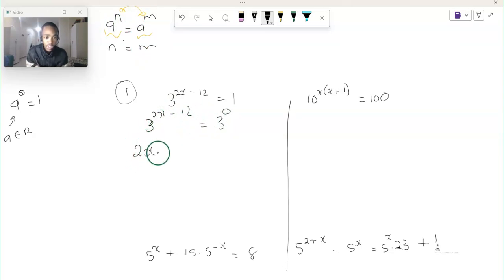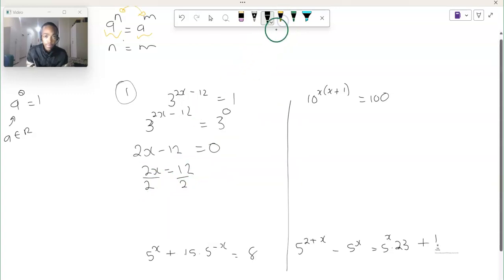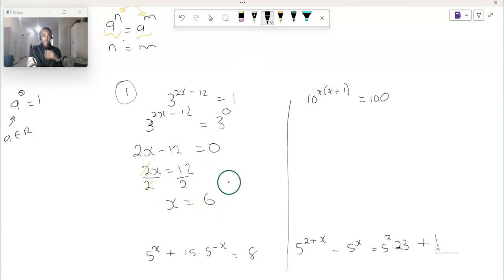So 2x minus 12 will be equal to 0, and therefore 2x is equal to 12. Divide both sides by 2, therefore x is equal to 6.